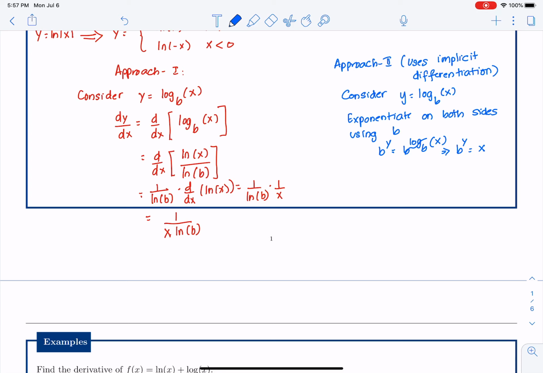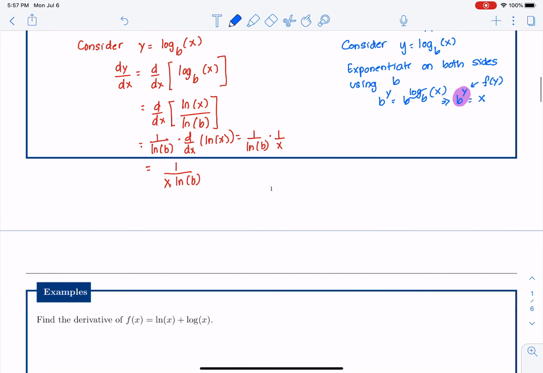I'm going to take the derivative, but now this is implicitly dependent on y. If you recall implicit differentiation, that is a function of y. So how do we take the derivative?